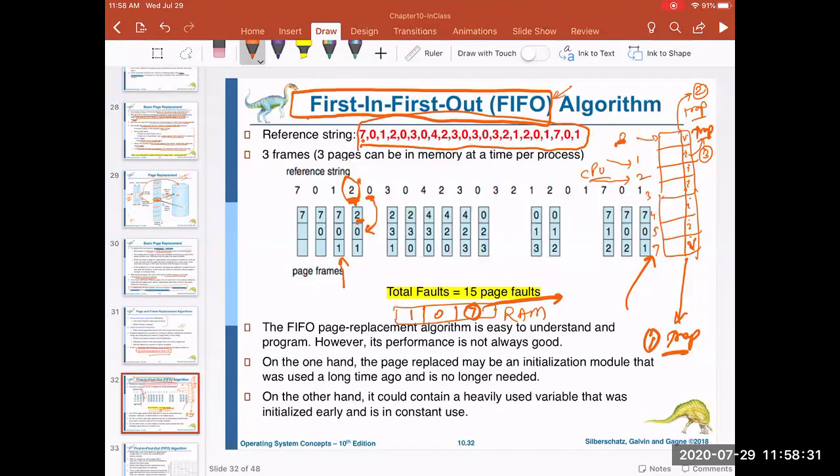So till here, how many page faults are there? There is 1, 2, 3, and 4. So there are 4 page faults till this 0. Number 1 page fault, number 2, number 3, and number 4. And for 0, there is no page fault because 0 is already inside your memory.